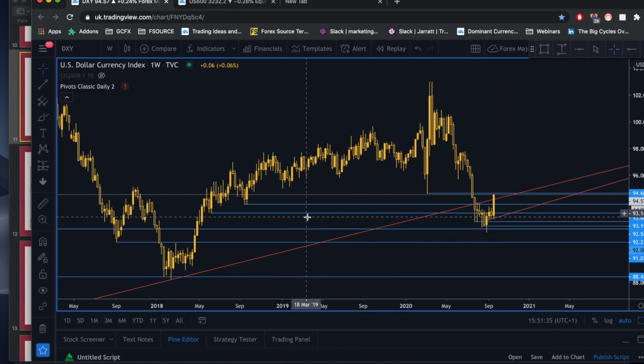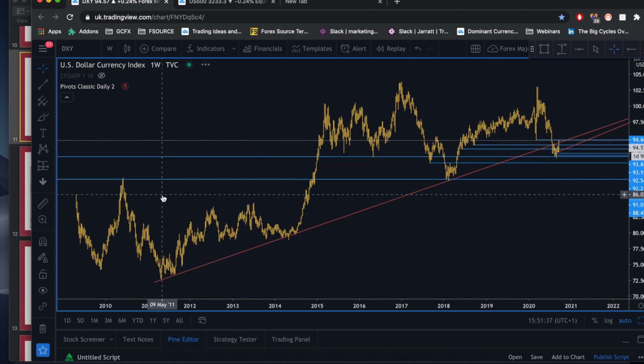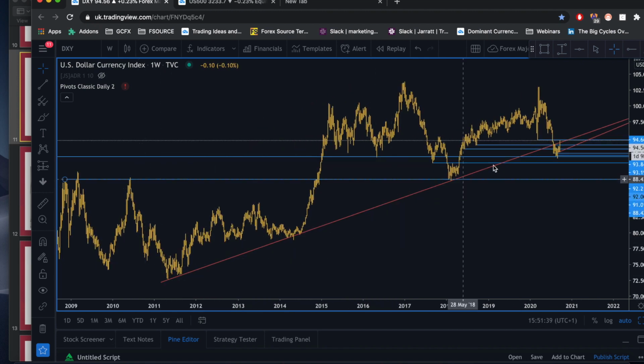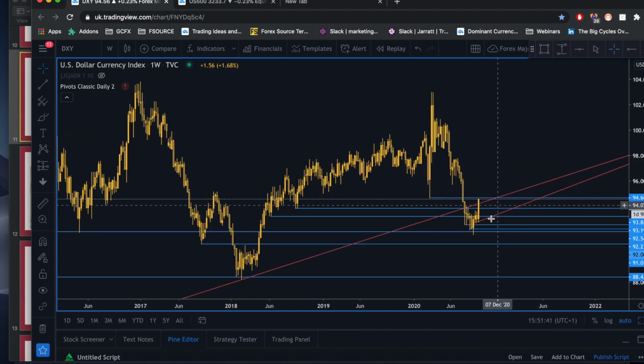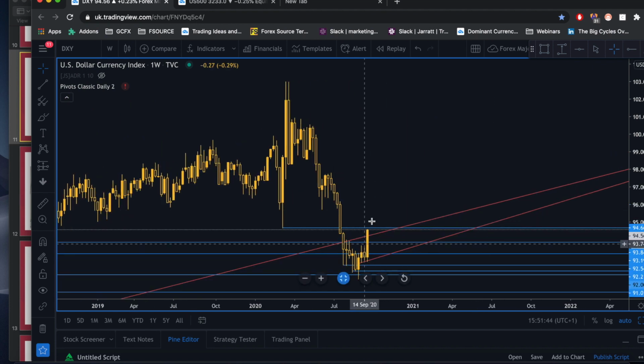And just taking a look here at the dollar index, we can see that the trend line has broken, and then it's being retested, and the dollar's trying to climb back above that level, that 94.25 region. The dollar's trying to gain back into that overall range, which it sort of broke out of from July of this year.